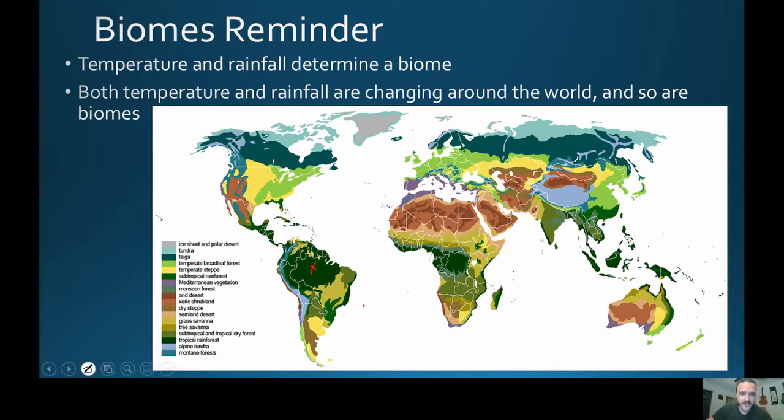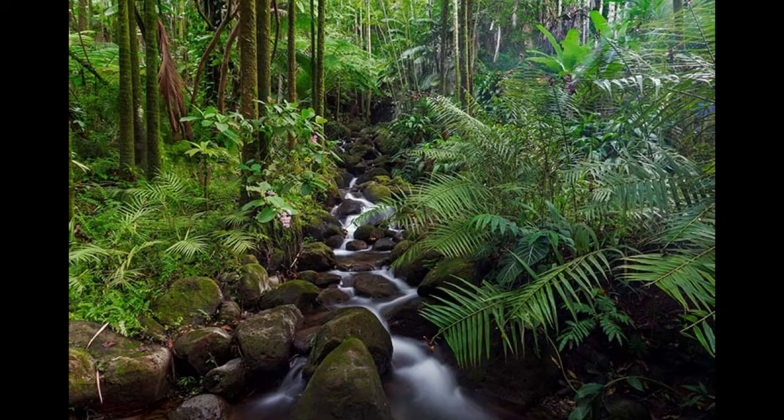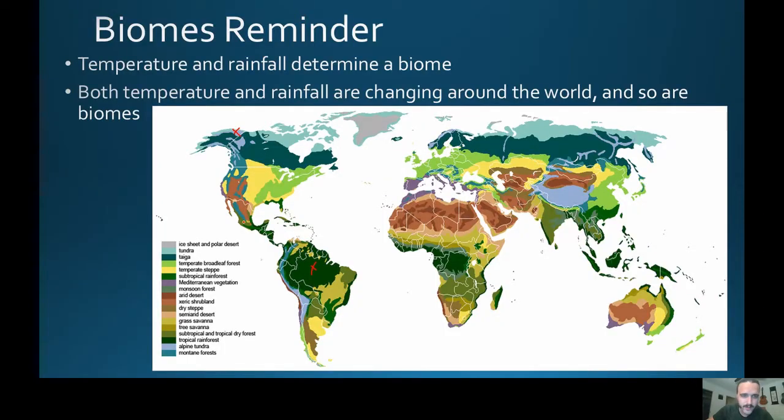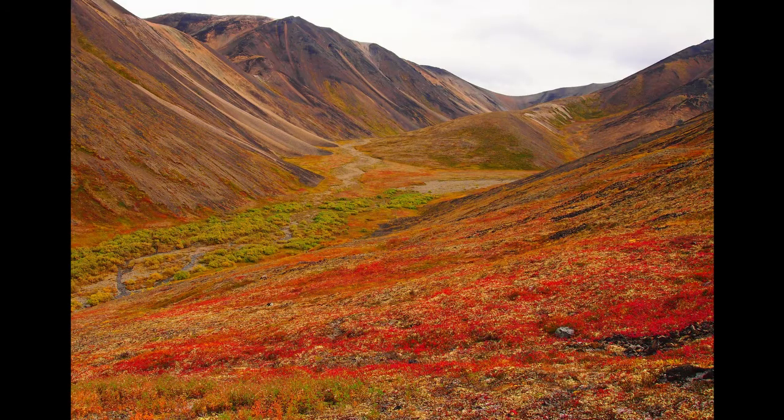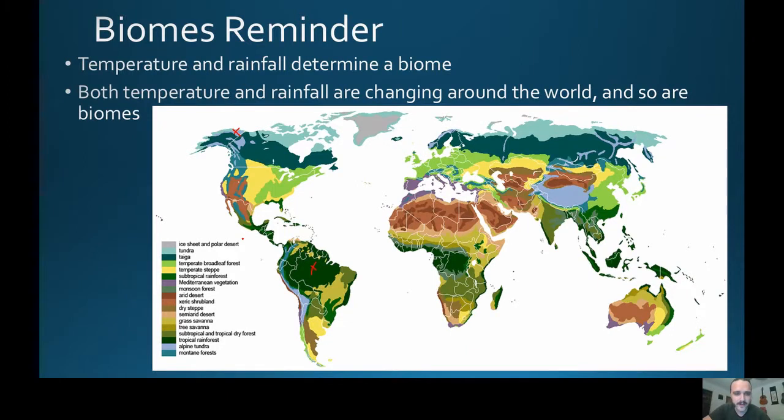We look at our color key, and we would expect to find the sorts of plants and animals that live in a jungle. If we went way up here to northern Alaska, we would expect to find tundra and a very different set of plants and animals living there. You would not find polar bears in the tropical rainforest, and you wouldn't find parrots in the tundra region.